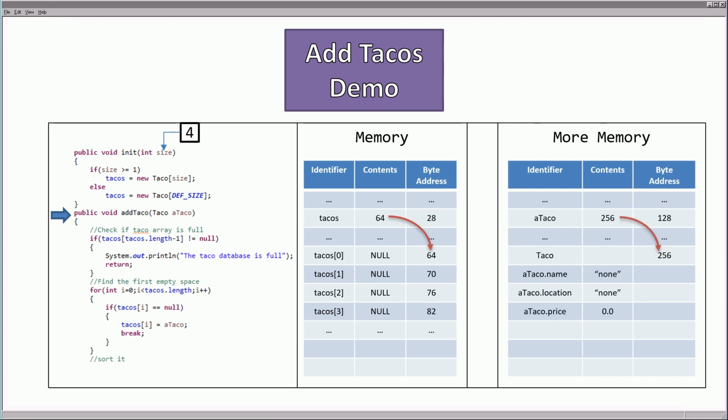If we once again assume that the parameter aTaco had been constructed outside of this, this indicates that this identifier has been assigned the value 256, which references this taco object. To avoid confusion, I didn't put the memory addresses here, but you can just assume that this taco is at memory address 256, and we can access the information, the name, location, and price, given this one taco.